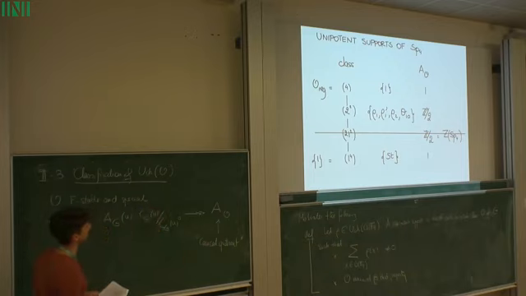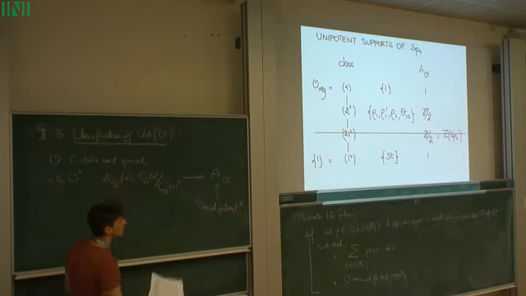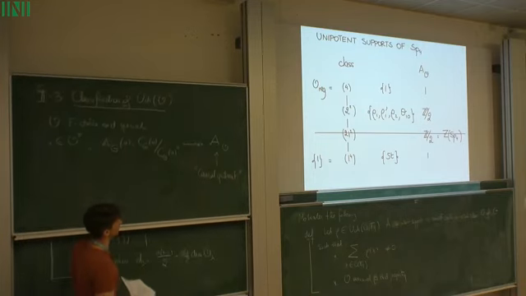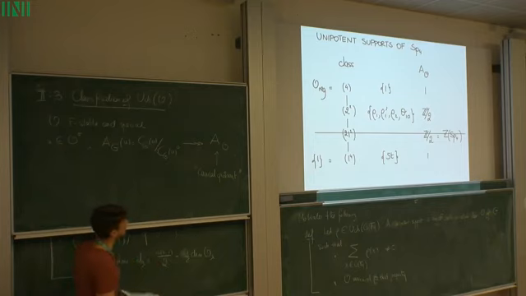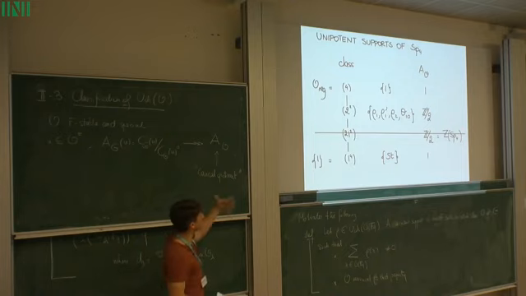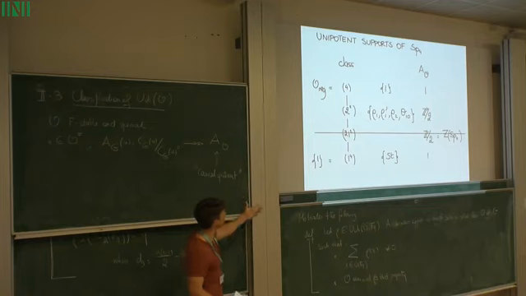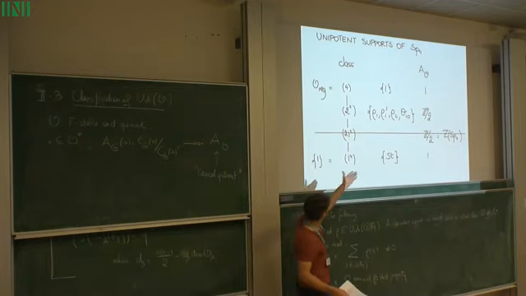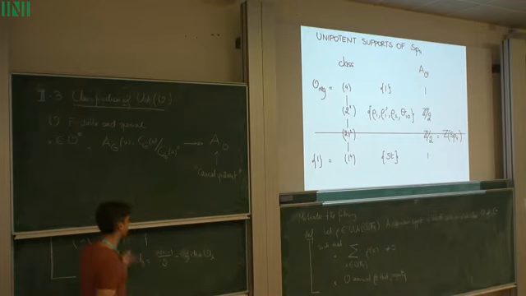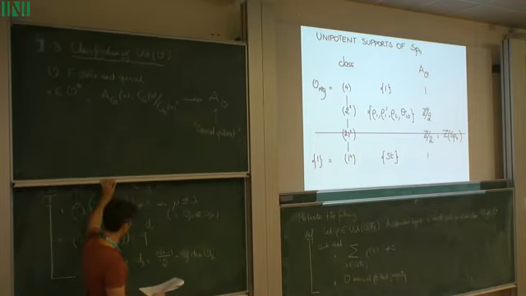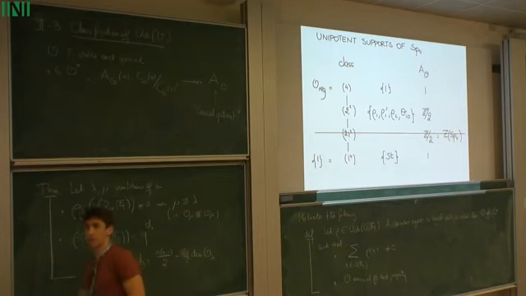So it's not very convincing, but this is really like how the classification started, from example like G2, where the component group will be actually S3, for example, so a little bit bigger. But how, once you have determined the number of unipotent characters, how can you tell the number of them, yes, using just like this small finite group, Z over 2, and how can you parameterize them and then try to compute their values? So that's what I want to explain for the remaining 10 minutes.